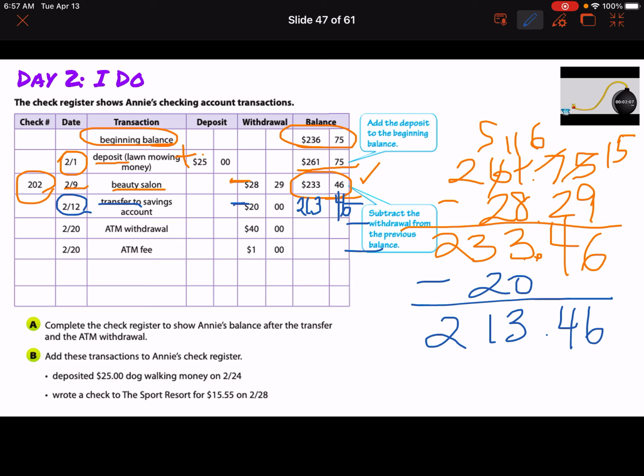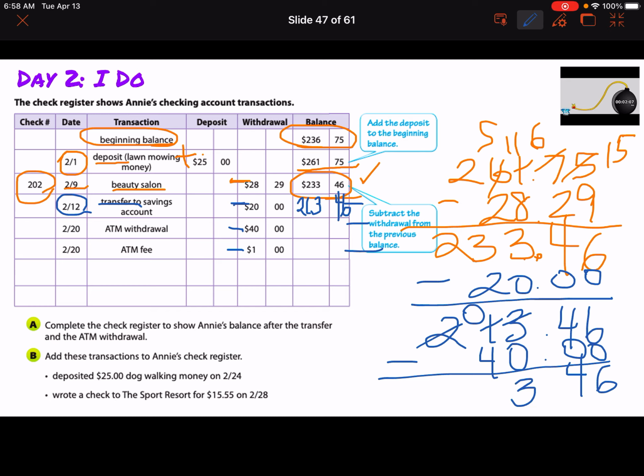On February 20th, there's an ATM withdrawal as well as an ATM fee. So we're going to subtract $40 from this amount. Remember, when we're adding and subtracting decimal numbers, we need to make sure we line up our decimal place. 11 minus 4, 7.